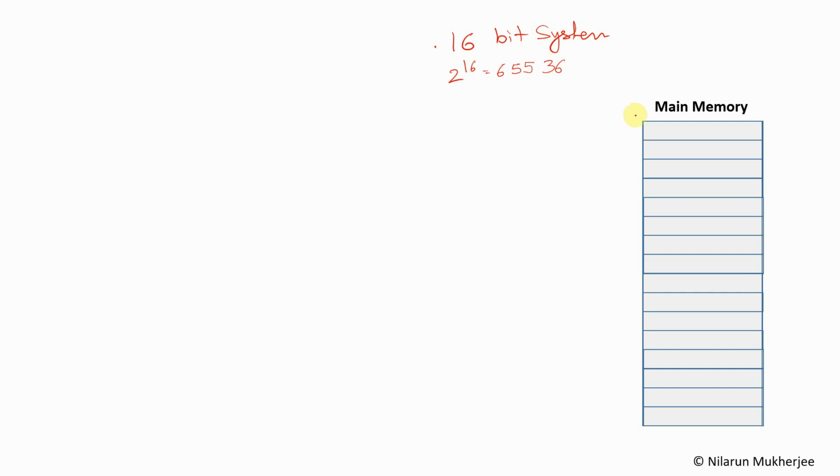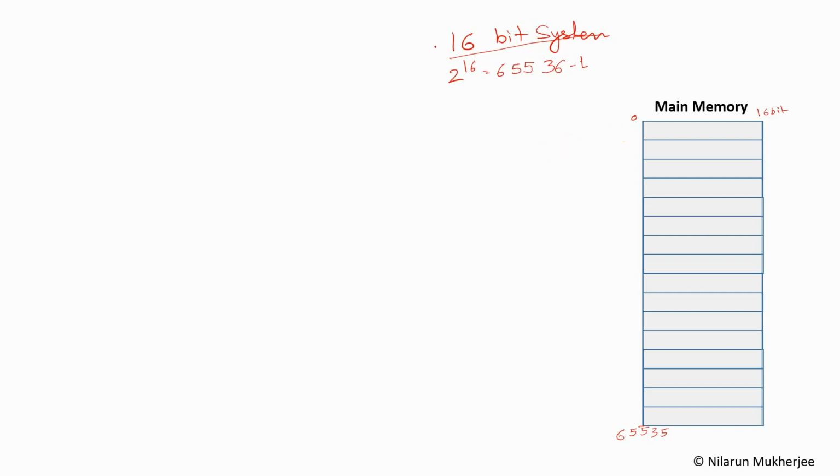So the memory starts at 0 and ends at 65535, that is the last address. 65536 minus 1 will be the last address, and we assume each register is 16-bit. So we are talking about a 16-bit system.